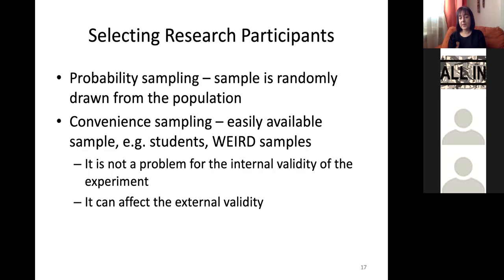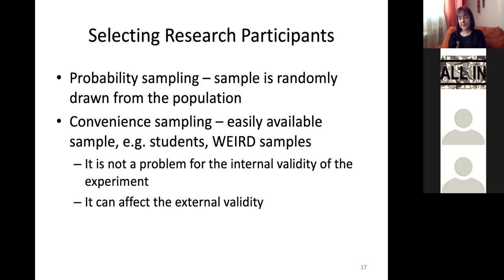So the question that we should ask is, can you apply the findings that we got, not only for students in psychology, but also for all other people? So this is the external validity of the experiments, and using convenience sampling is a threat to the external validity.